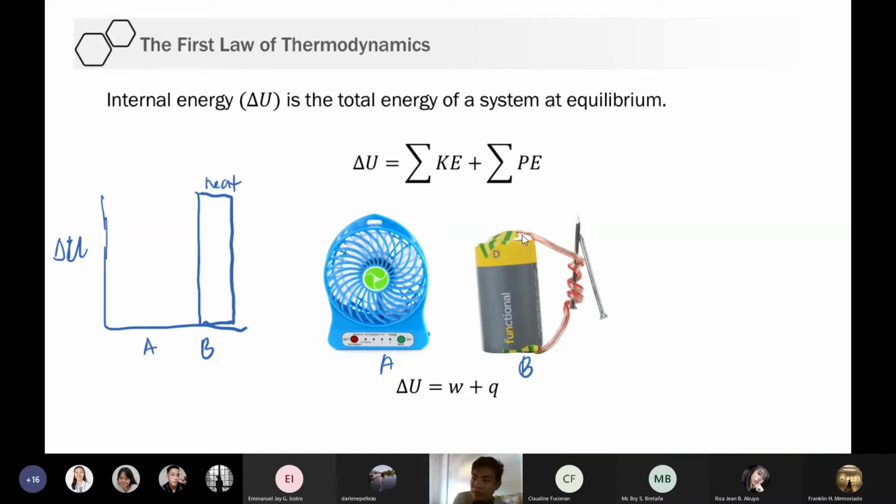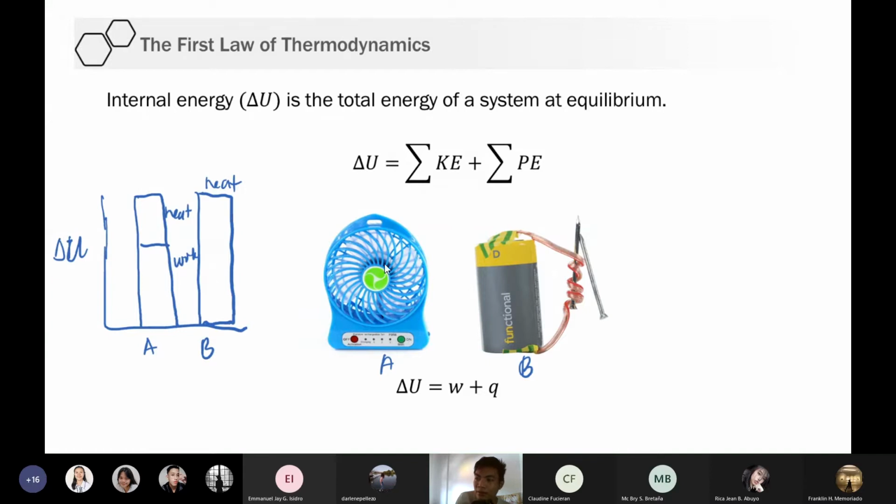So, ganun gagawin ko. Ubusin ko yung laman nito. Ubusin ko yung internal energy niya in the form of heat. Pwede naman na ganito, yung ginawa dito sa letter A. Ubusin ko yung laman ng battery na yan in the form of heat and work. Okay? So, pwedeng in two ways. Pwedeng may heat, pwedeng may work. Okay? So, an example niyan.